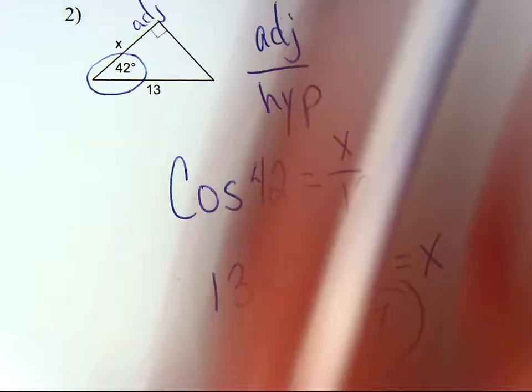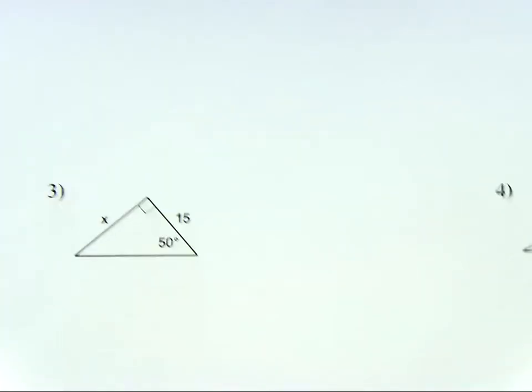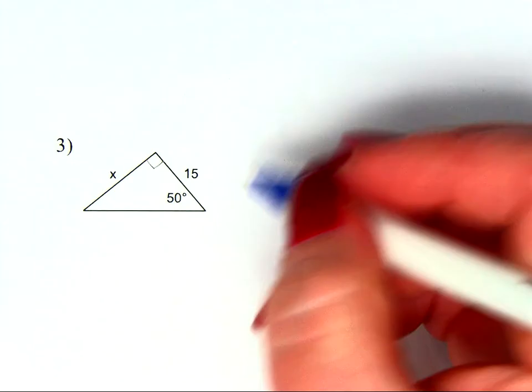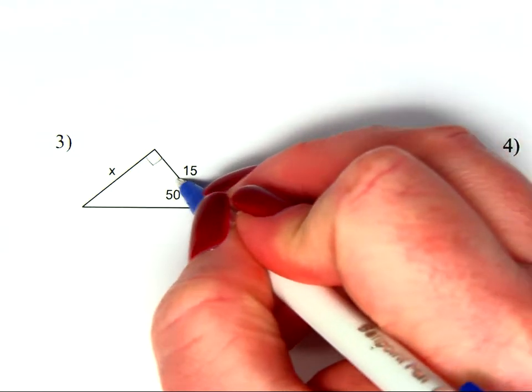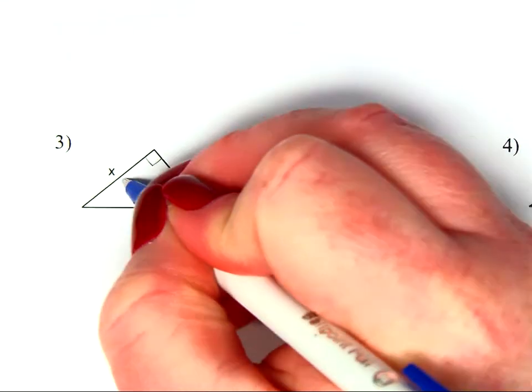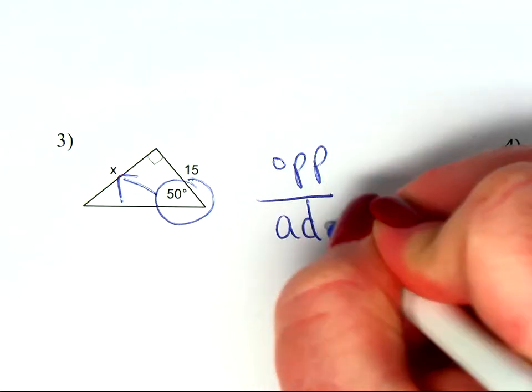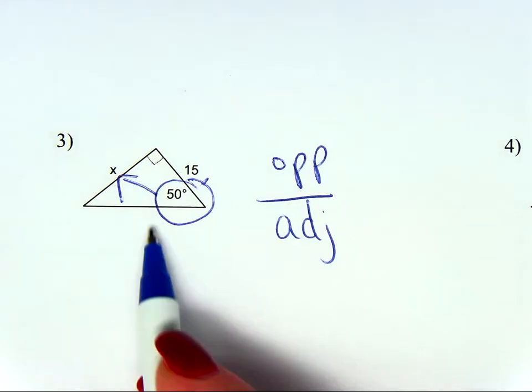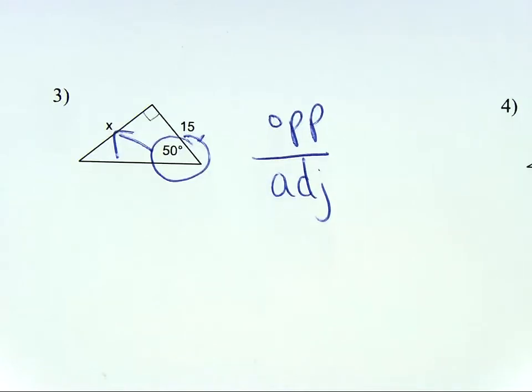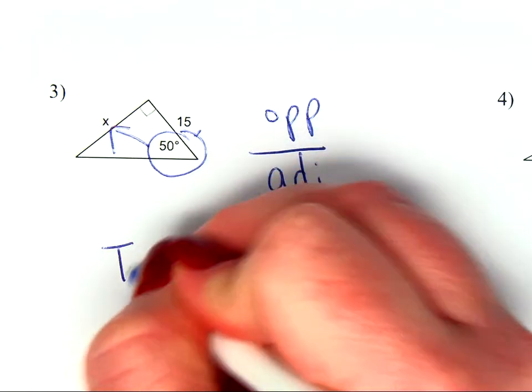If I look at my next example, I see that from the 50-degree angle, I'm given a side opposite and a side that is adjacent. I am not given the hypotenuse, which means that I am finding the tangent.